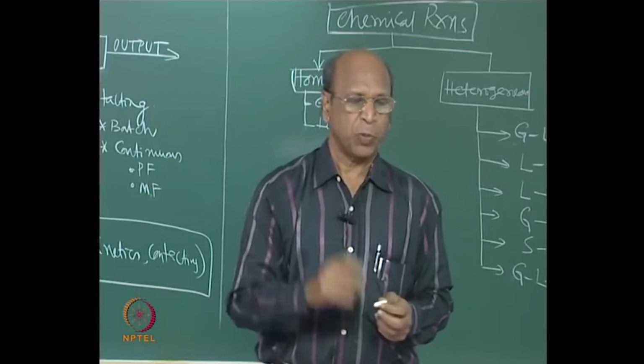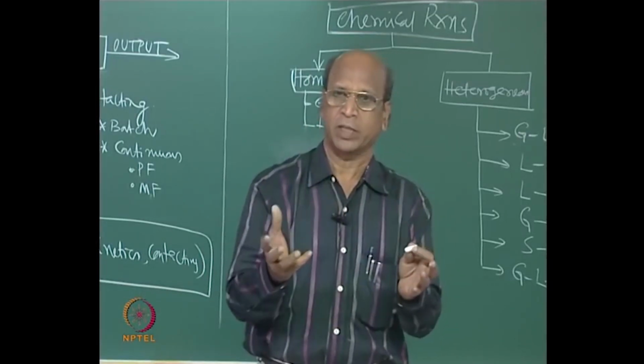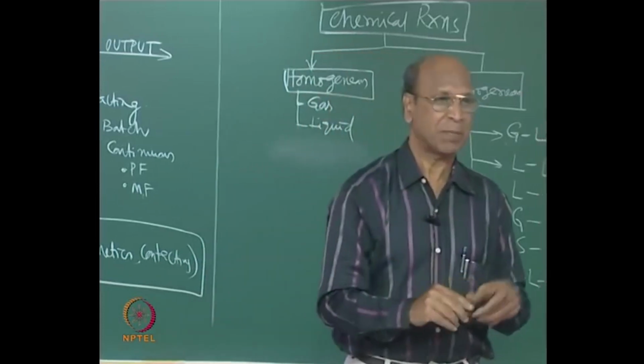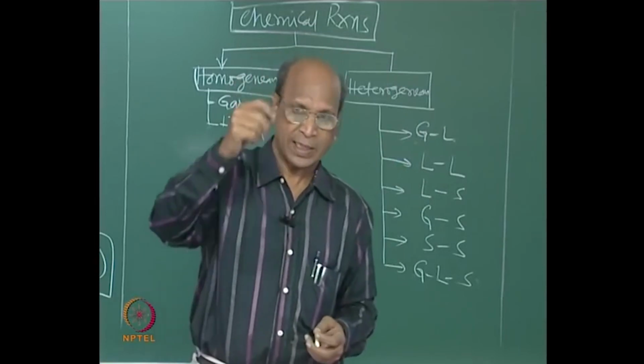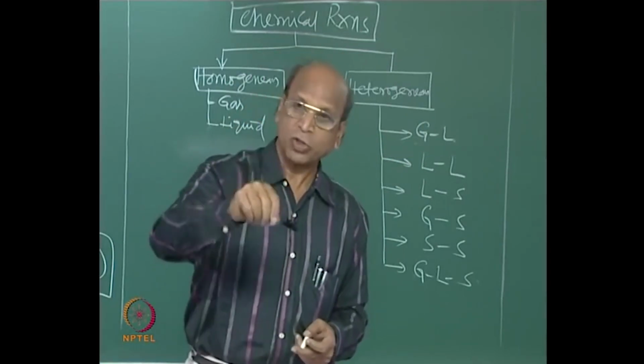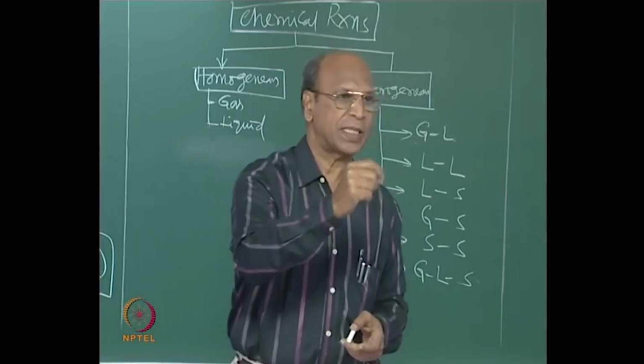Why? Because if you put more and more pores, after some time everything will be pore, there is no solid. Where is the particle? That means the mechanical strength of the solid is affected, so you have to take mechanical strength into account, and also what good surface area you can get without sacrificing the mechanical strength.